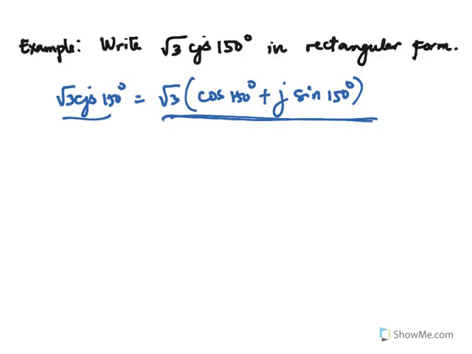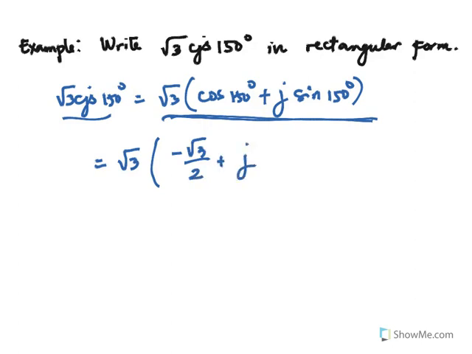And then, what we do is we just simplify yung nasa loob ng parenthesis by putting in the exact values. Okay? So, what's the value of cosine 150 degrees and what's the value of sine 150 degrees. So from our table, okay, na ginawa a while ago, your cosine 150 degrees is negative square root of 3 over 2. So this is equal to square root of 3 times negative square root of 3 over 2 and then plus j.